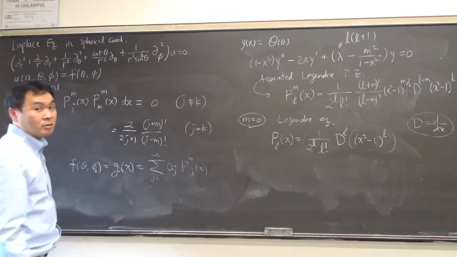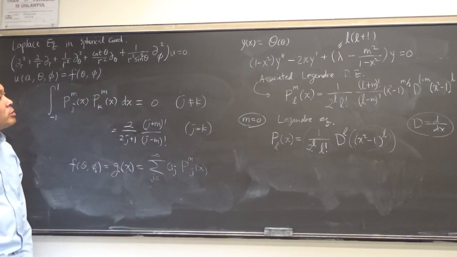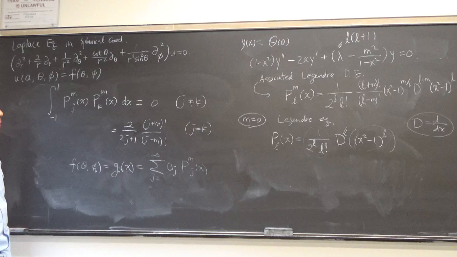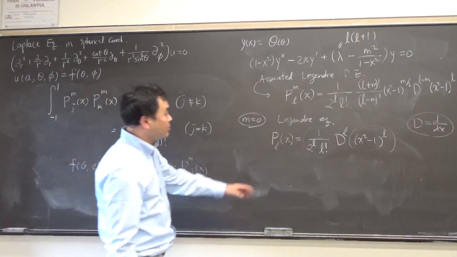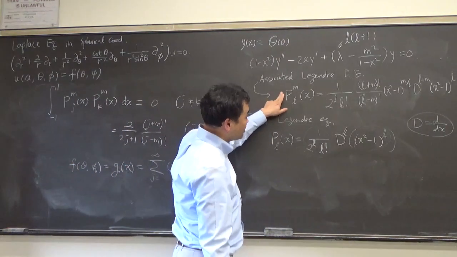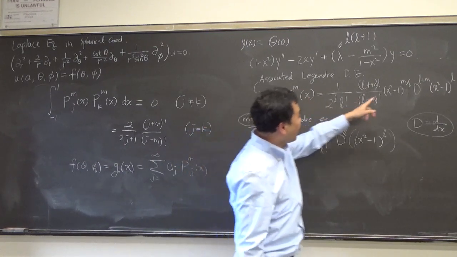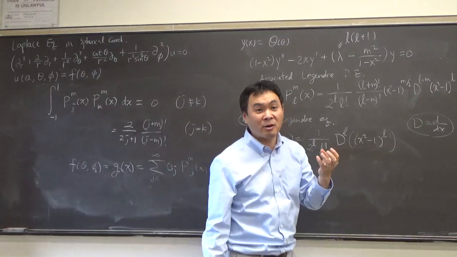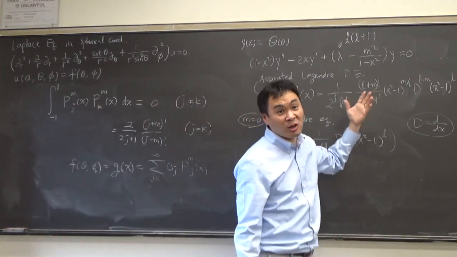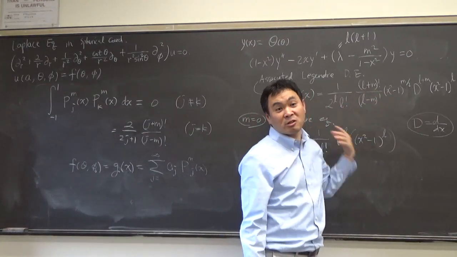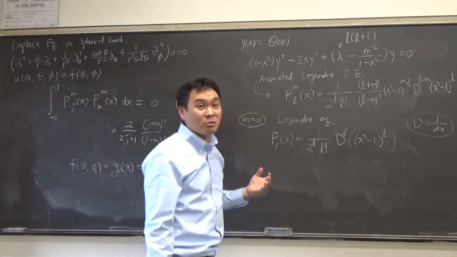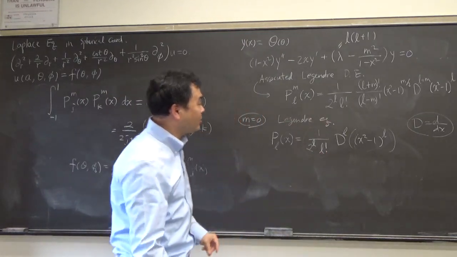At the end of the day, especially when m is even, it will be a degree L polynomial. If m is odd, then odd over 2 means a 1/2 power, so there's a square root, so it's not a polynomial. They still call it associated Legendre polynomial anyways, but it has some degree.